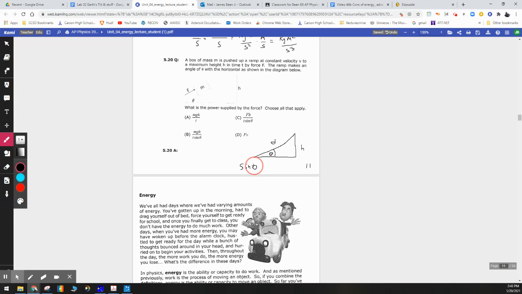The sine of theta is going to equal the side opposite over the hypotenuse, so it can be expressed as h over d. That means the height h is equal to d sine theta. Or we could say that d is equal to h divided by the sine of theta.